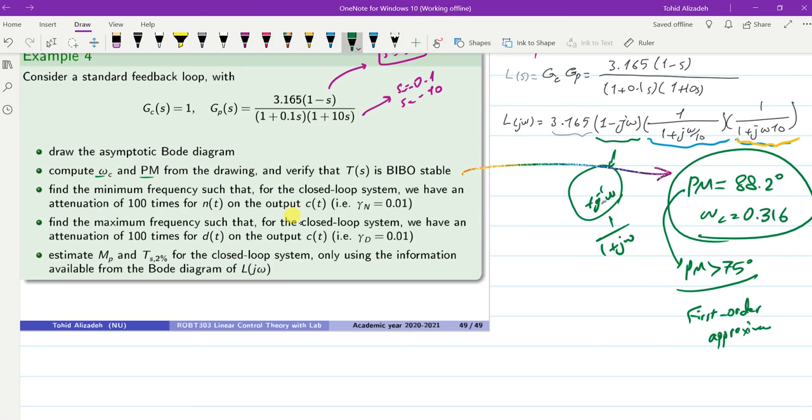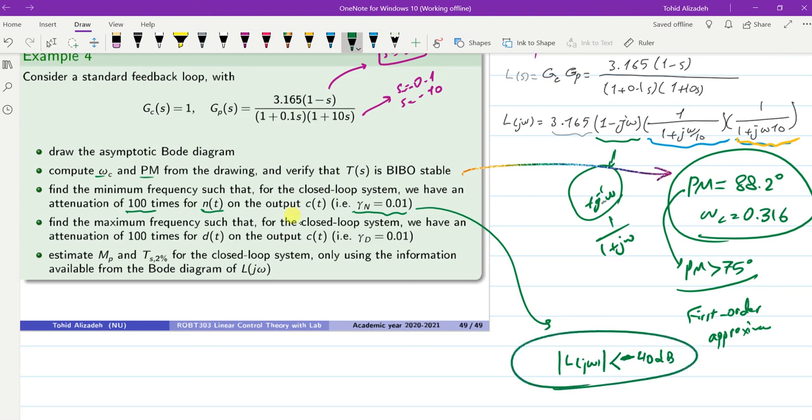Now we need to find the minimum frequency such that for the closed loop system we have an attenuation of 100 times for the noise signal on the output. Gamma n is equal to 0.01. So this means that we need to find the frequency at which the amplitude of L of j omega becomes smaller than minus 40 decibels.